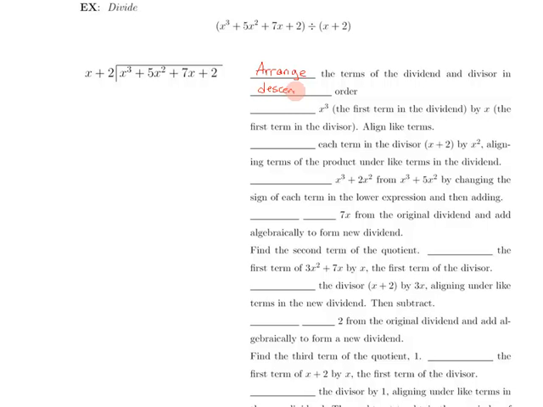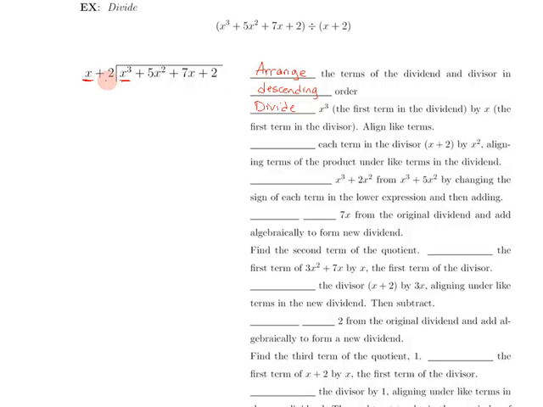Descending order just means that the powers go from the highest power down to the lowest power. The second thing you do is divide the leading term of the dividend by the leading term of the divisor.